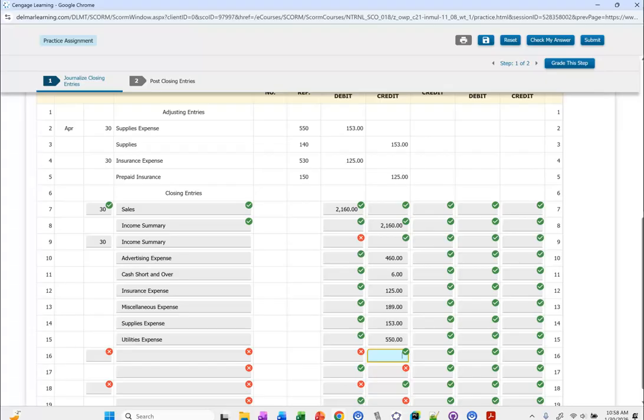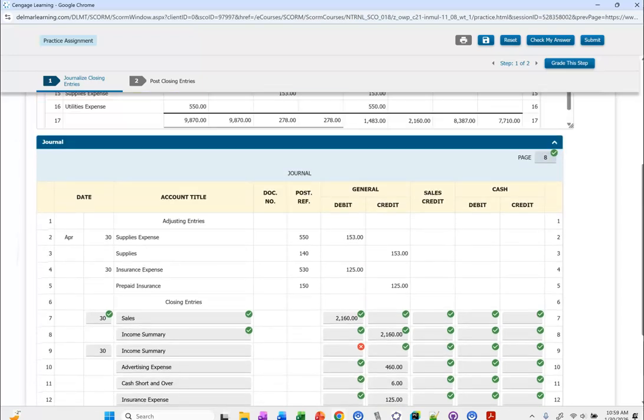So for that income summary debit, I'm going to go ahead and add up $460 plus 6 plus $125 plus $189 plus $153 plus $550, which is $1,483.